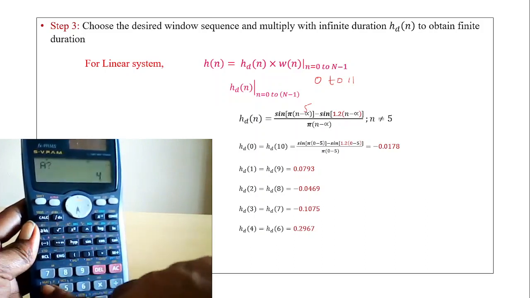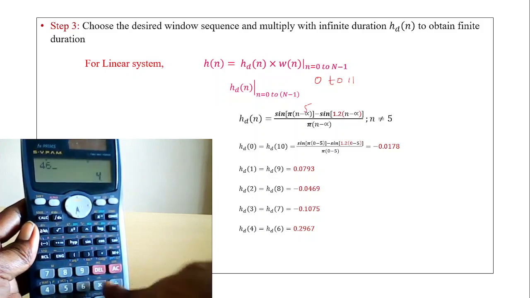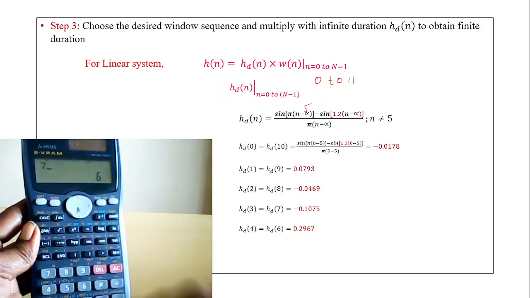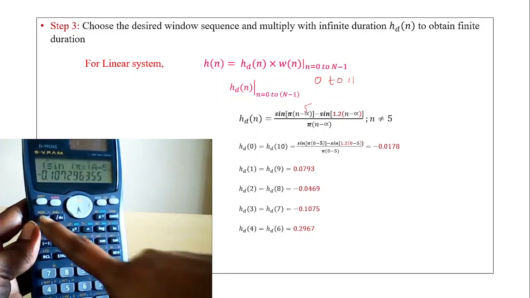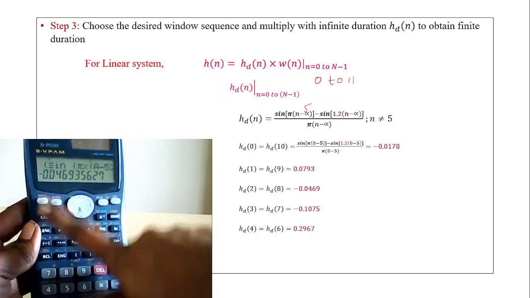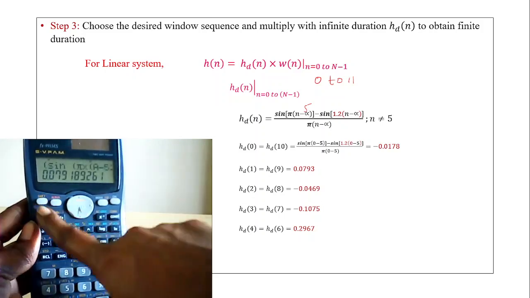Calculate 5. For alpha equal to 4, the value is going to be different here. Calculate n equal to 6, it is 2.9627. Calculate 7, and calculate 8, it is minus 0.469. Calculate 9, it is 0.0792, calculate 10.